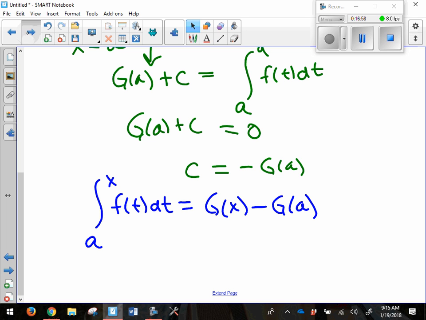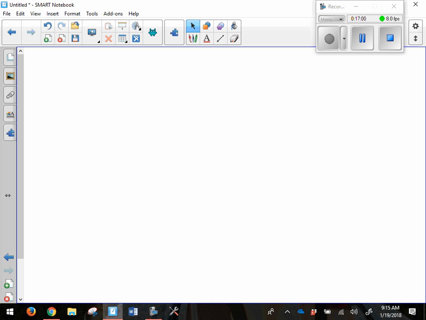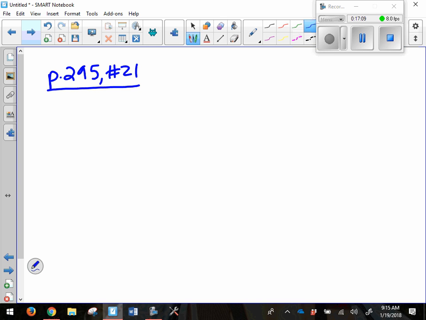Okay. So, page 295, number 21. We have the integral from 0 to 1 of e to the x dx.